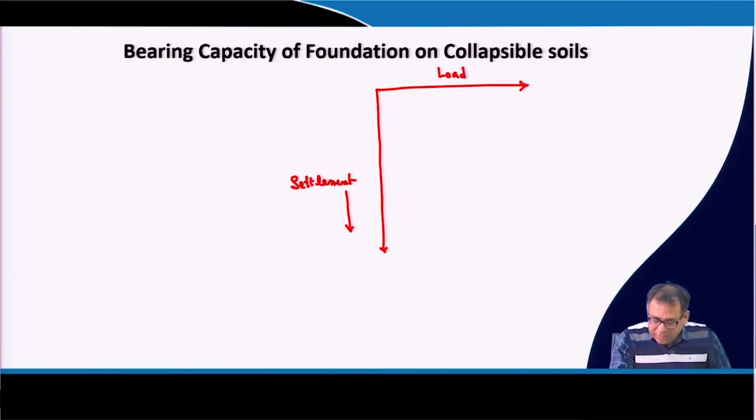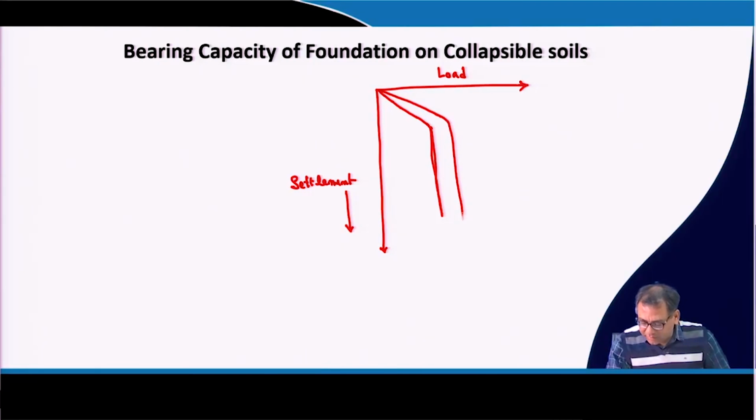We will find that this type of curve will be there, with a sudden fall of the curve, or in a very quick duration there will be a huge amount of settlement.